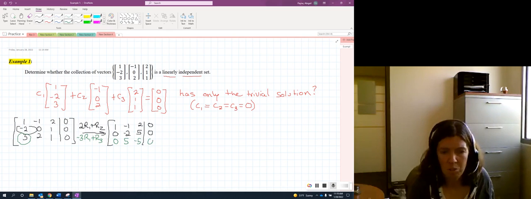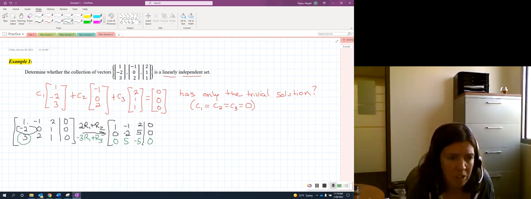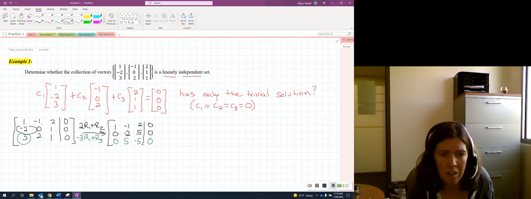And then 0 plus 0. Let's just double check here, because the worst thing is when you do some tiny arithmetic error and then everything goes haywire. Okay, looks like we're good.